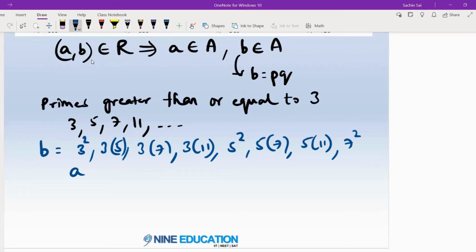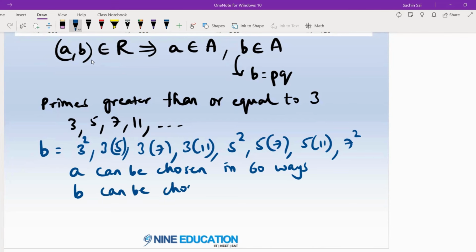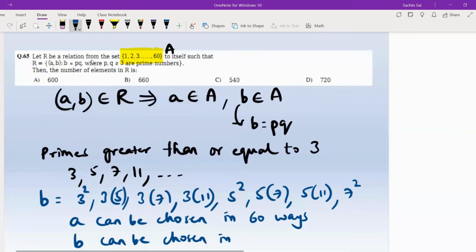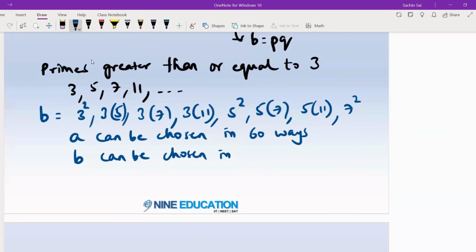So I can say A can be chosen in 60 ways because small a can be any number from 1 to 60, but B can be chosen in how many ways? So you have 3 square, 3 into 5, 3 into 7, 3 into 11. Okay, you can also write it as 3 into 13, 3 into 17, 3 into 19.